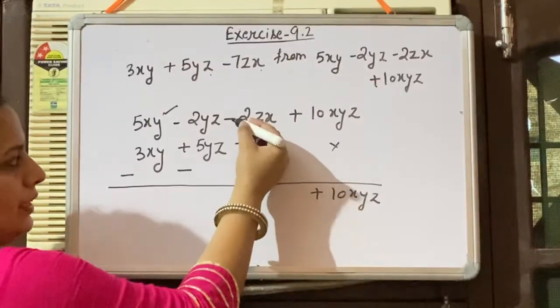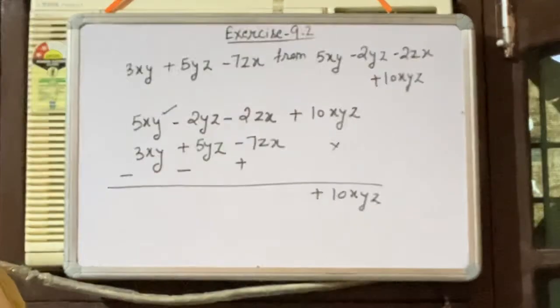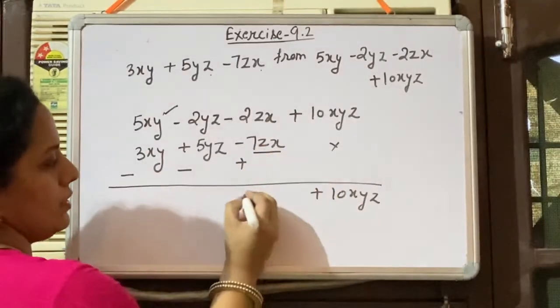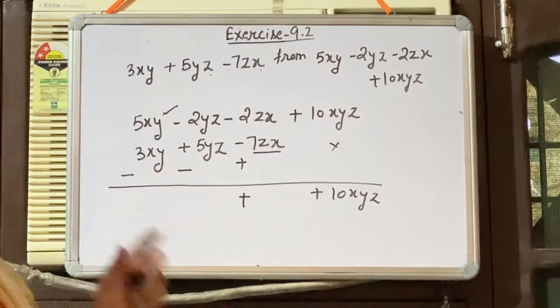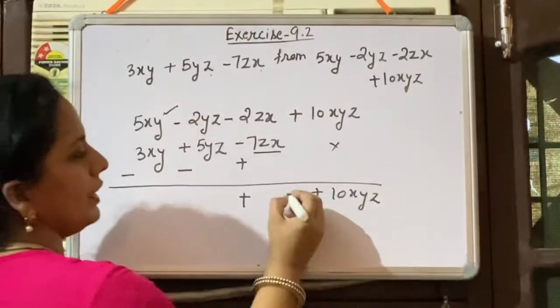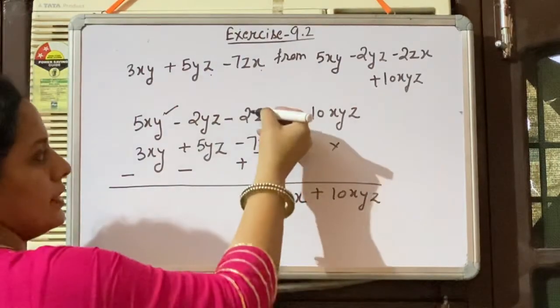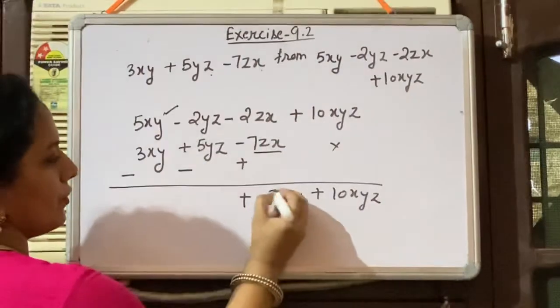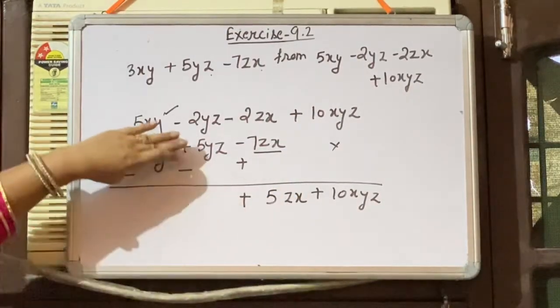Here negative, positive will be negative, with the sign of the bigger term. That means of the positive sign. Just subtract the coefficients, not the variable. We will write the variable as it is. Just subtract the coefficients. 7 minus 2, that is 5. Leave this sign.